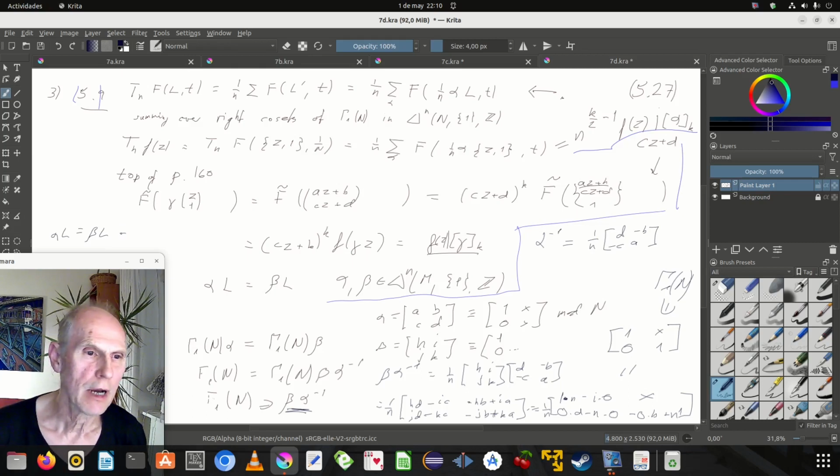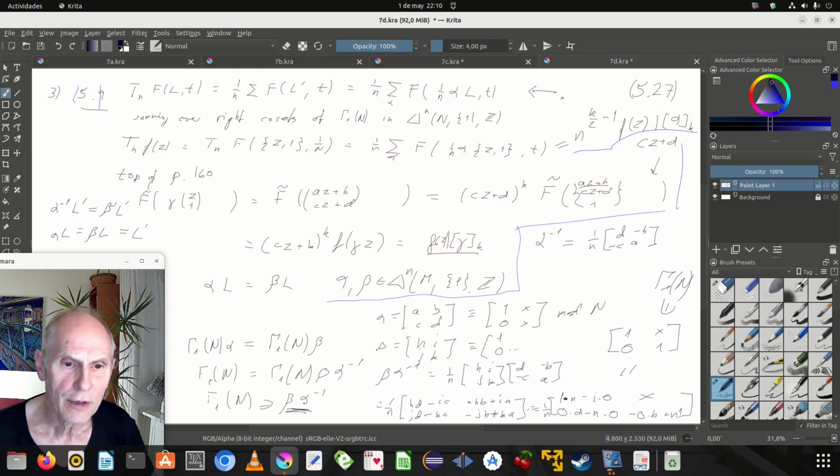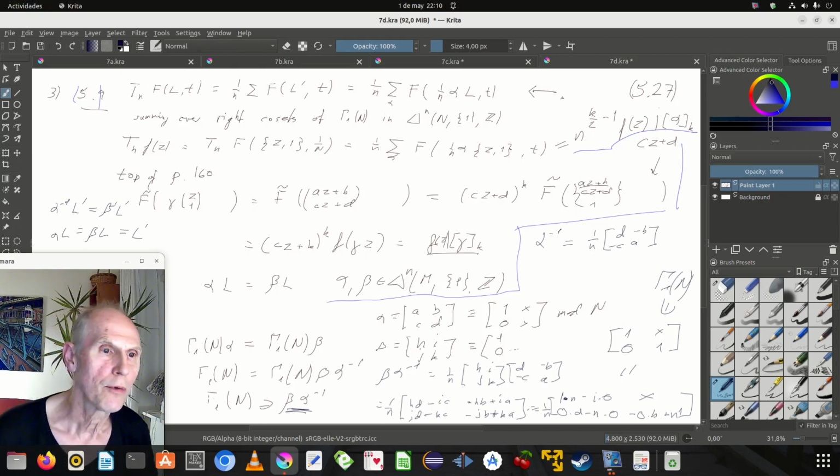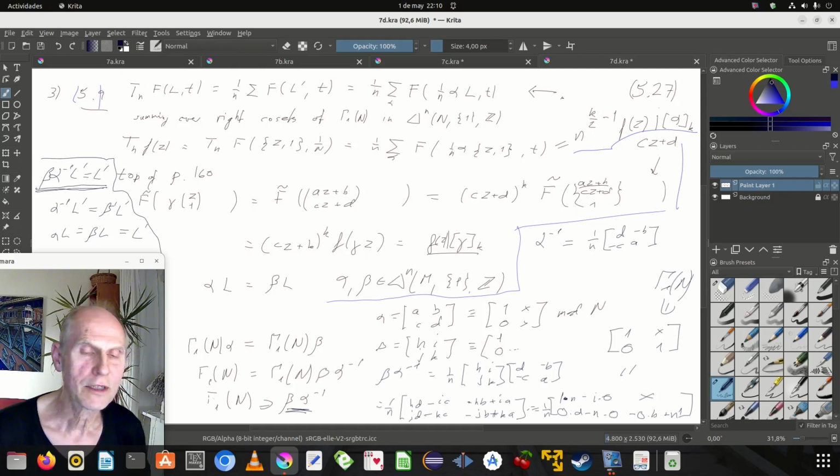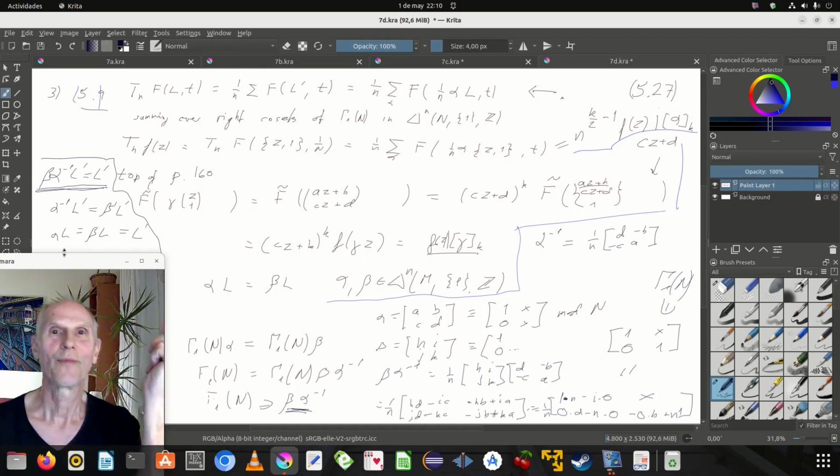If we call this L mark, then we have the reciprocal of alpha times L mark equals the reciprocal of beta times L mark, and then we operate with beta on both sides. Beta alpha to minus first L mark equals L mark. I've got it. That implies that it is a repositioning of the basis. So beta alpha to the minus first lies in gamma. I think I have finally solved this problem.